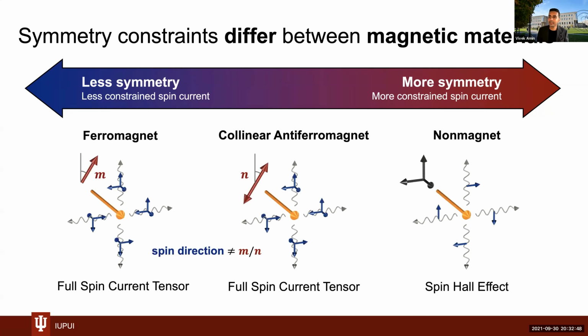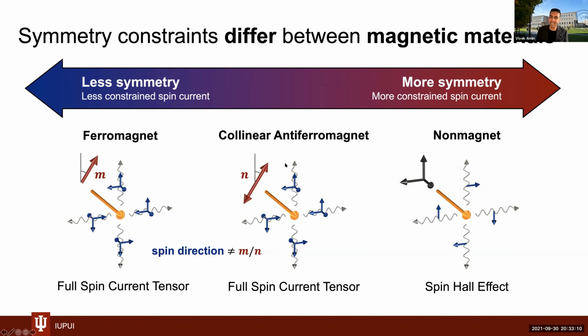So what are the consequences of this on the spin current that is created in a particular material? In a non-magnetic material, if I turn on an electric field, I am constrained by symmetry to get a spin current where the flow of the spin, given by the wavy line, and the direction of the spin, given by the blue line, is all mutually orthogonal.